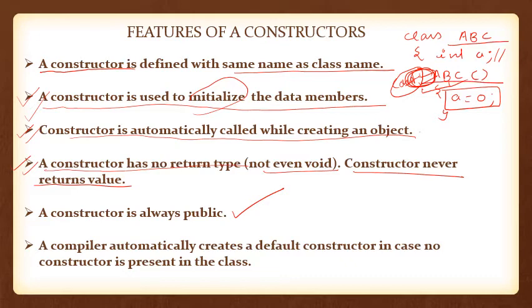Next feature, a compiler automatically creates a default constructor in case no constructor is present in the class.